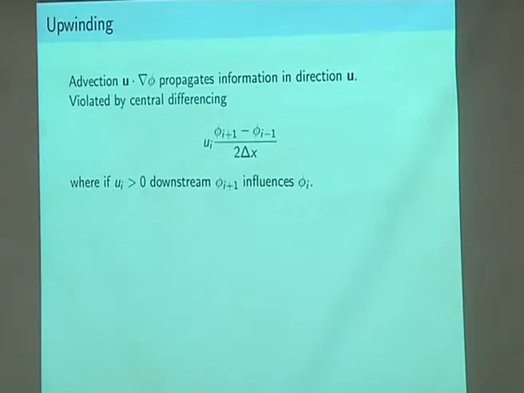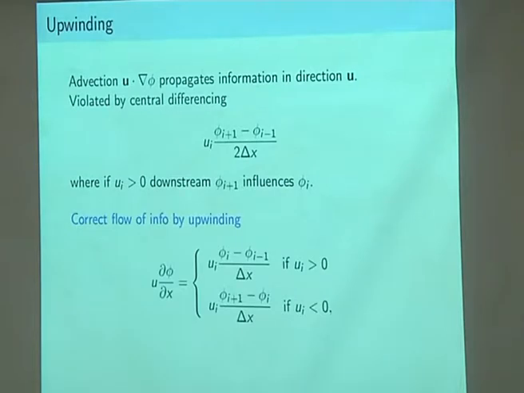So this is a case where we should use first order, one-sided differencing. So to propagate information, if the velocity is positive, we should use the information at the current point and one point before. Or if u is negative, this is the complication, u may be positive and negative in our solution.